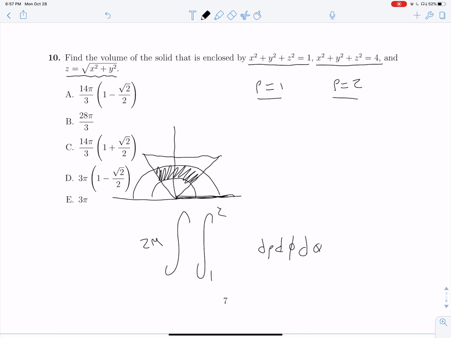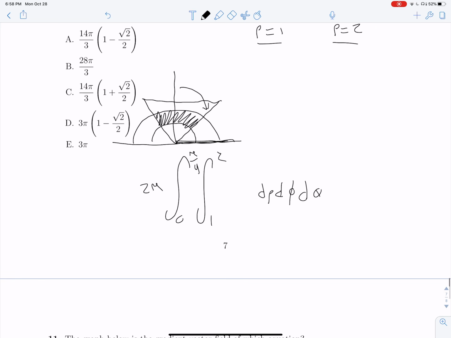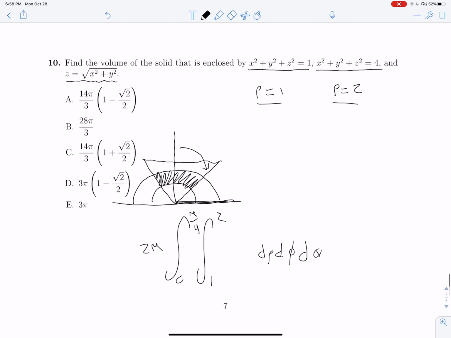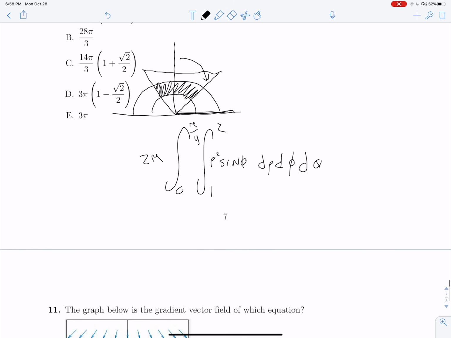We just established that up here, and we know that phi runs from 0 to pi over 4, which we saw graphically from drawing our cone out. And you can do it with formulas, but we're good without. And we know that there are basic ingredients we got to add here. We got to add a rho squared sine phi, and now we can integrate.